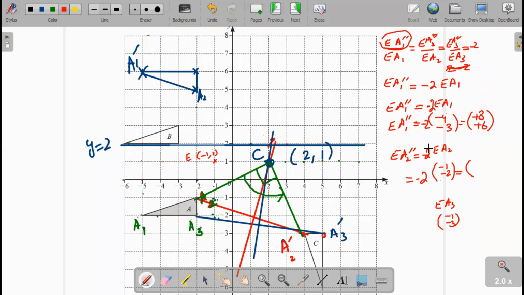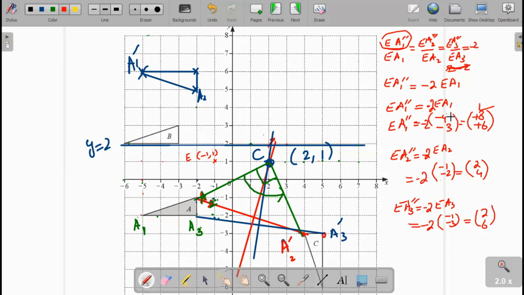Now here negative 2 times 1, plus 2 and plus 4. And same as EA3 double dash, that is -2 times, we multiply -2 times, we get 2 and plus 6. Now these points, firstly we mark the position vector A1 double dash with respect to E.